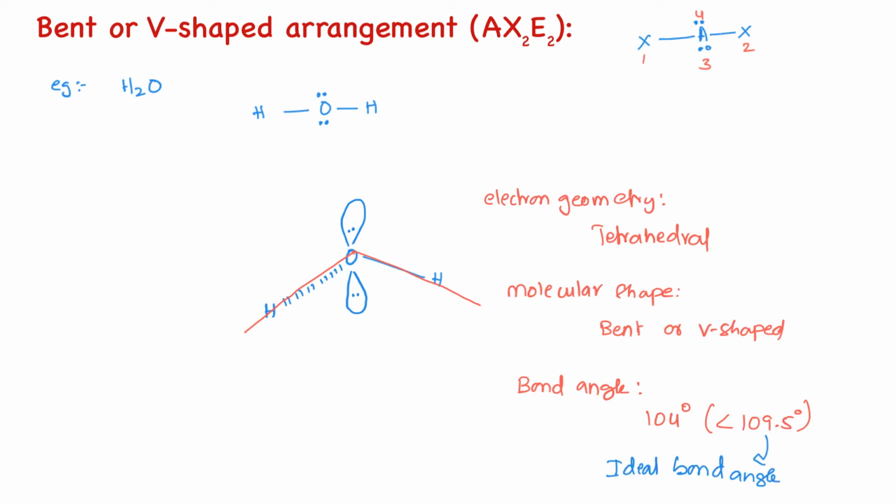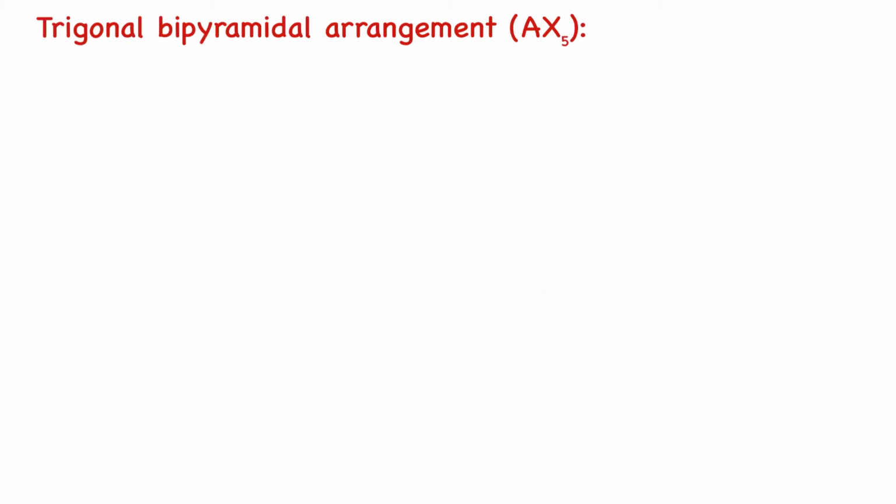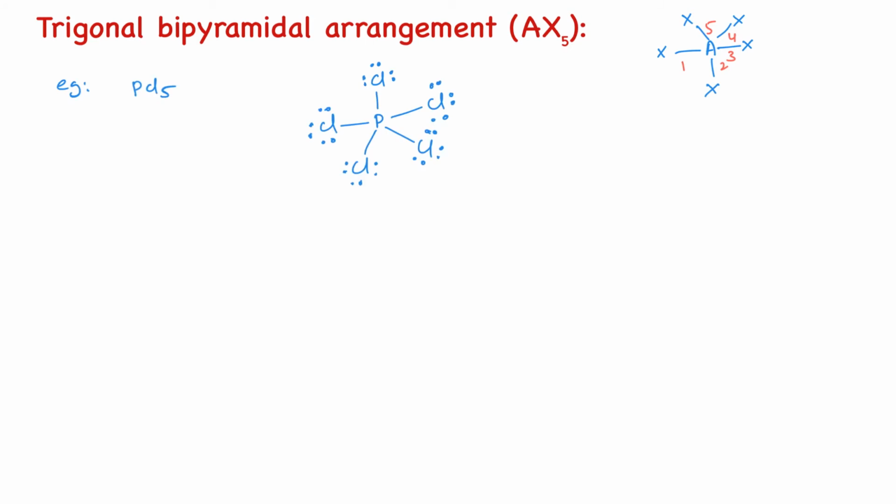The next type of molecule is AX5, that is, the central atom has 5 terminal atoms and 0 lone pairs on it. So, the total number of valence shell electron pairs on the central atom are 5, and all of them are bonding pairs. An example of such molecule is PCl5.